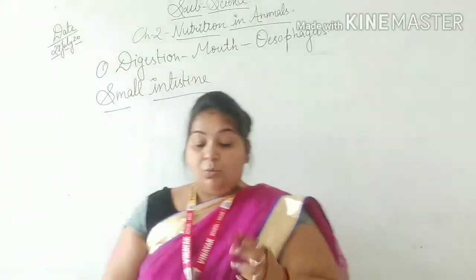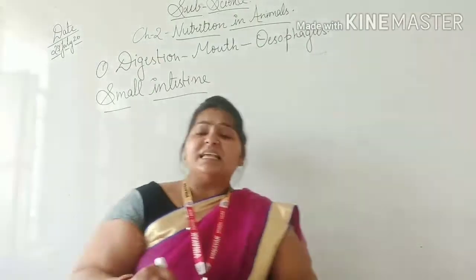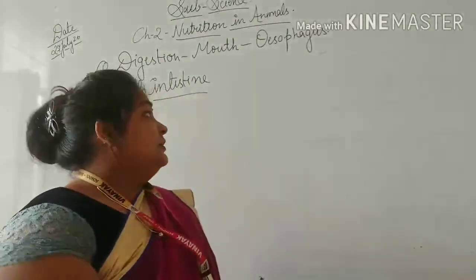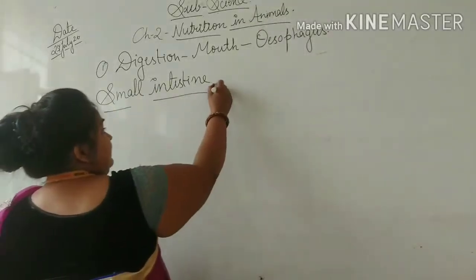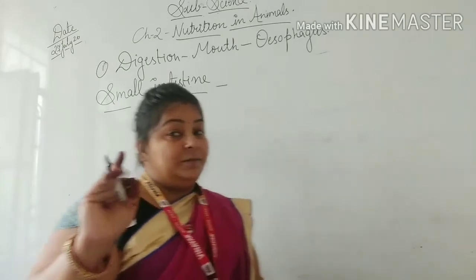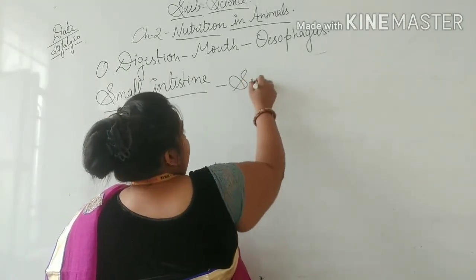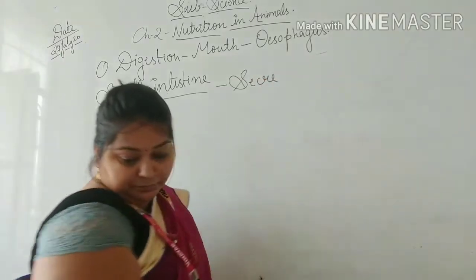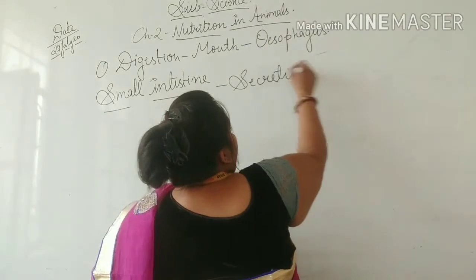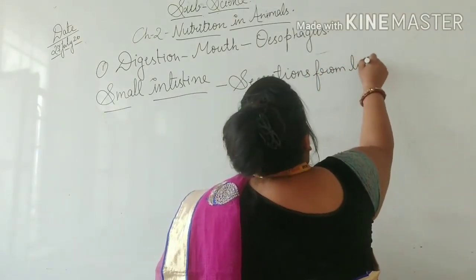So how does the digestion process take place in the small intestine? Let's study. First, for digestion in the small intestine, secretions from the liver and pancreas are important. Second, digestive juices are secreted by the small intestine itself. Now the two words that come first are liver and pancreas.